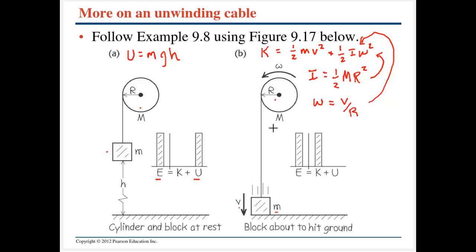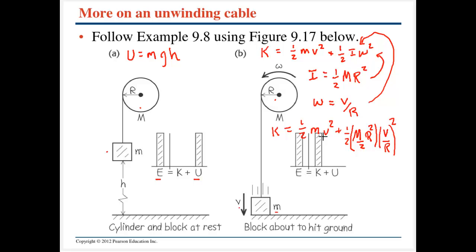So I'm going to say that the kinetic energy is going to be 1/2 the little mass multiplied by its velocity squared plus 1/2 multiplied by the moment of inertia, which is going to be 1/2 of the big mass of the pulley multiplied by the radius squared, and then omega squared is going to become the velocity divided by the radius, quantity squared.